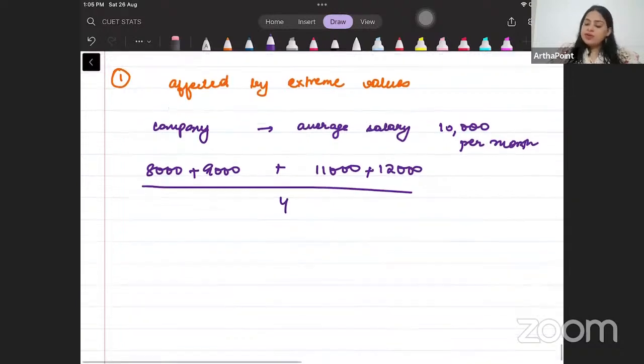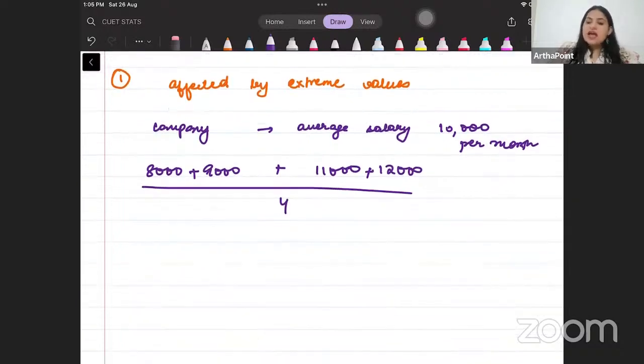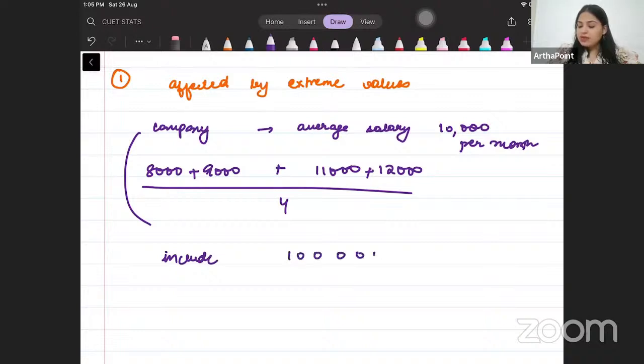But now within the salaries, I had to include the salary of a very high-positioned CEO, and his salary was 1 lakh. The moment I add this salary, my mean will become very high. But still, these 4 people are earning around 10,000 only.